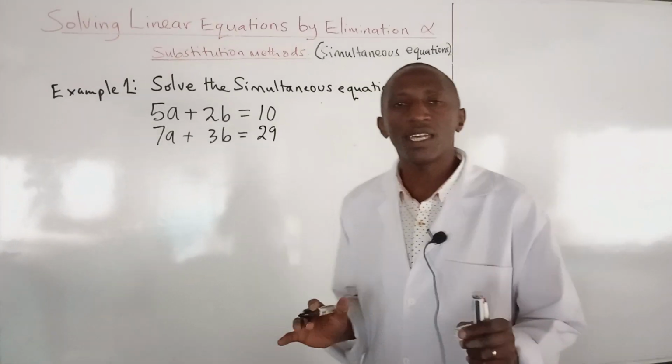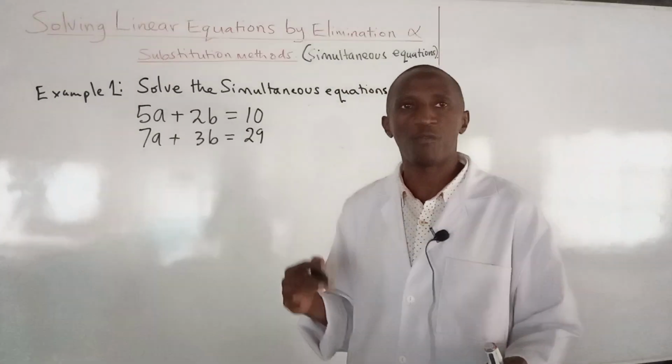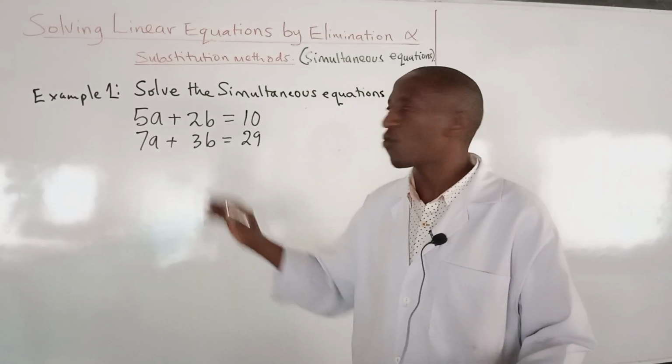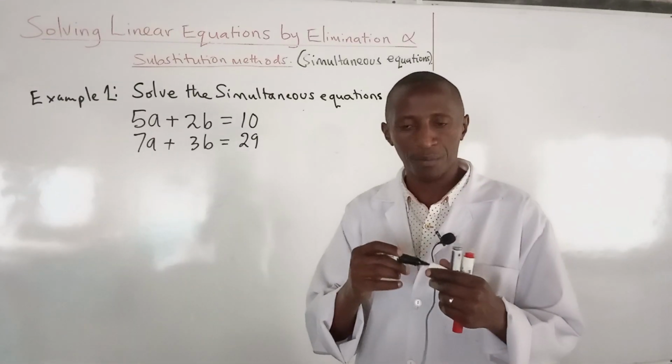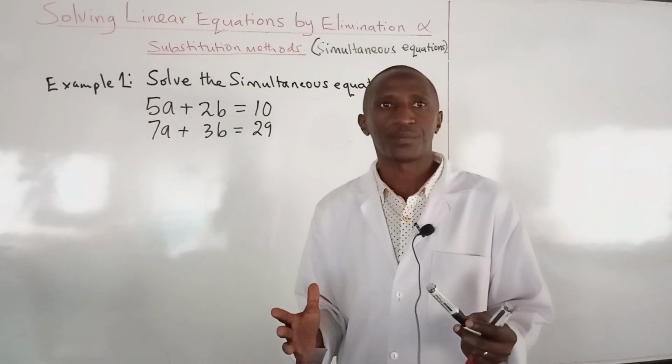In this kind of case, whenever we are told to solve, we are looking for the value of a and the value of b. So how do we go about it?